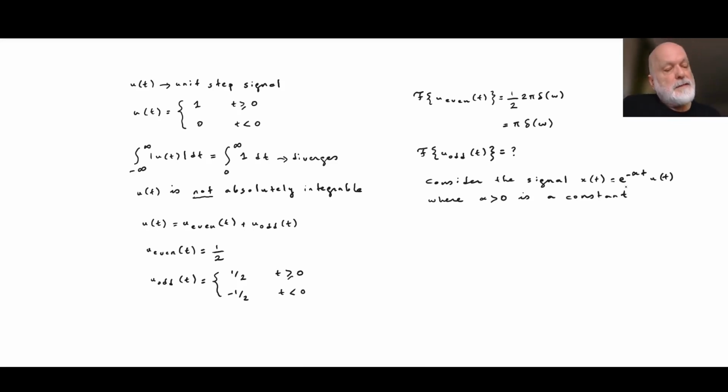In fact, we see that the limit as alpha tends to 0 of x(t) is u(t).